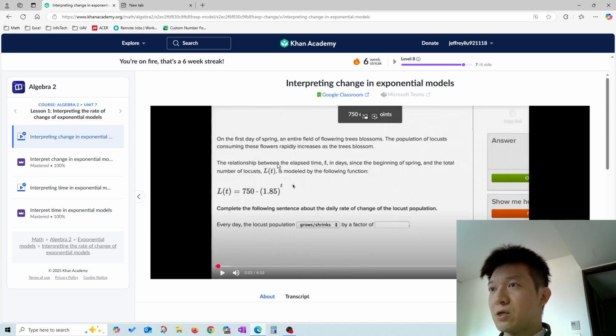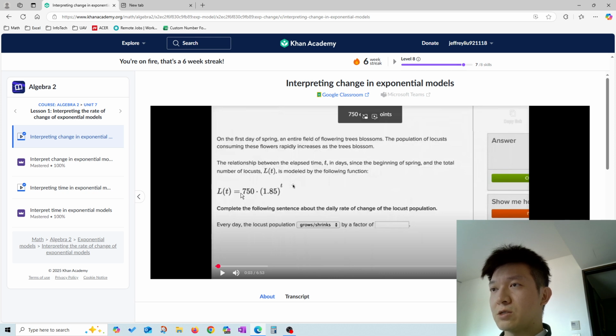It says here, we have this model, okay? The t is the time, and it is asking every day the locust population grows or shrinks by a factor of what? Just assuming this is the original, this is what the locust population is growing from.